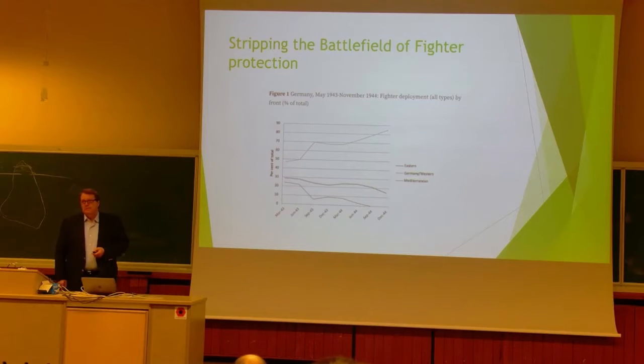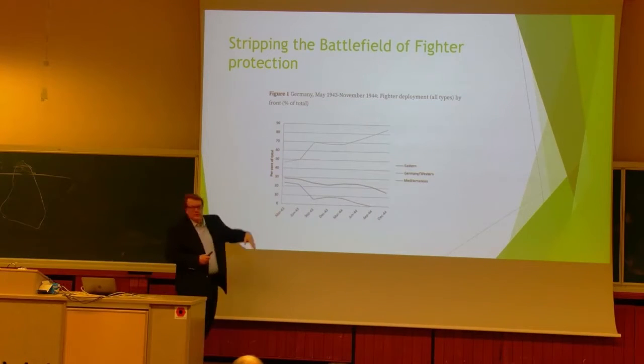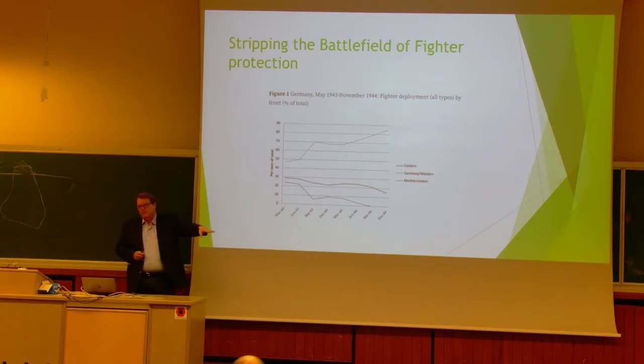From March of '43 onwards, the Germans basically send all the fighters to Germany, because they can't afford to have any over the battlefield. That puts the German army at a massive disadvantage for the rest of the war. It never fights with air superiority, or even contested air.